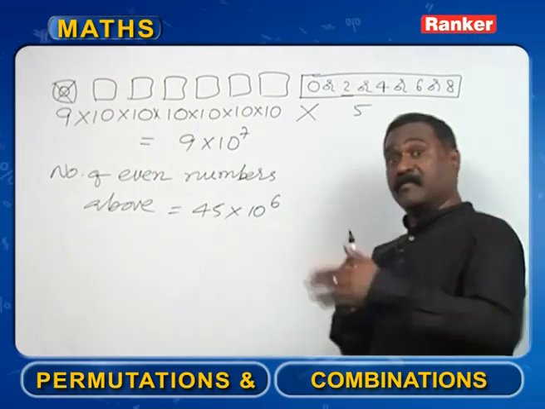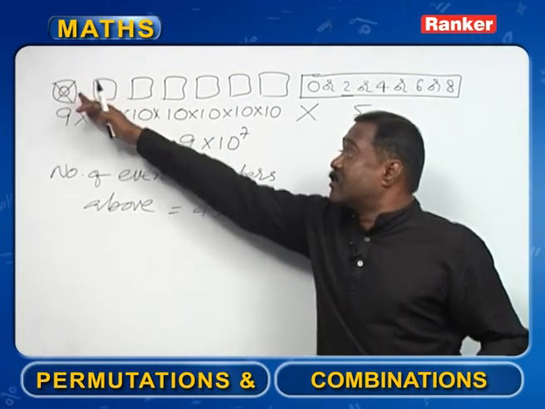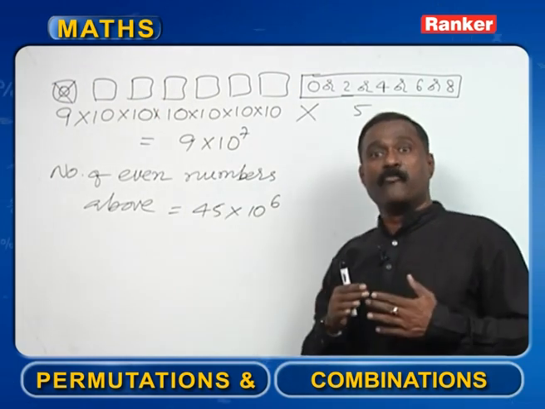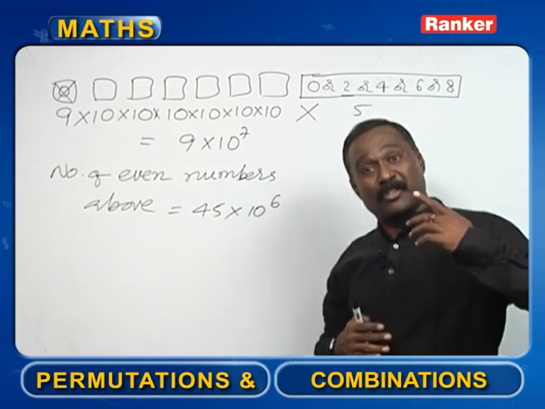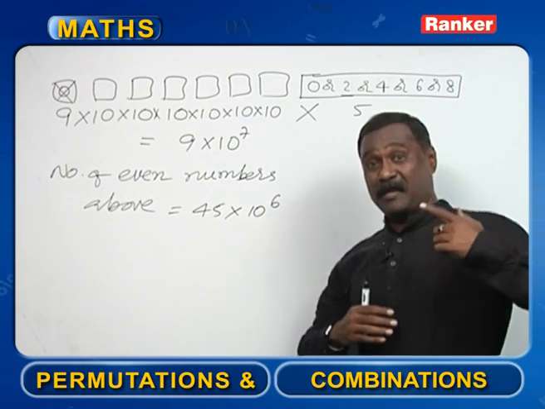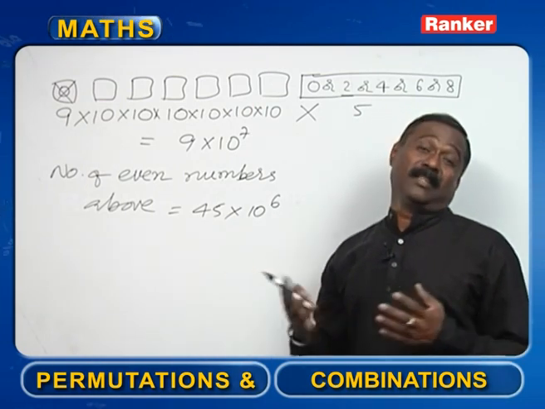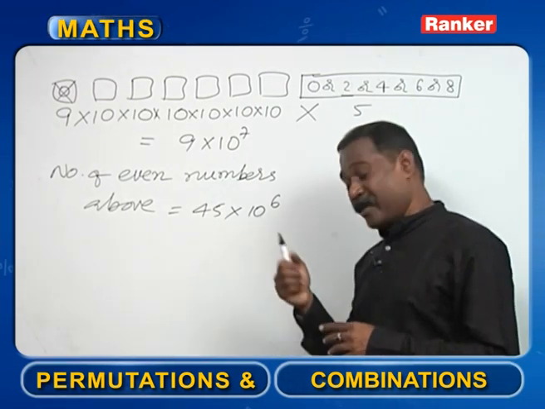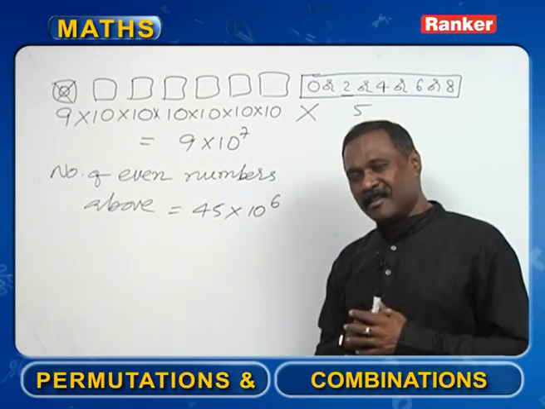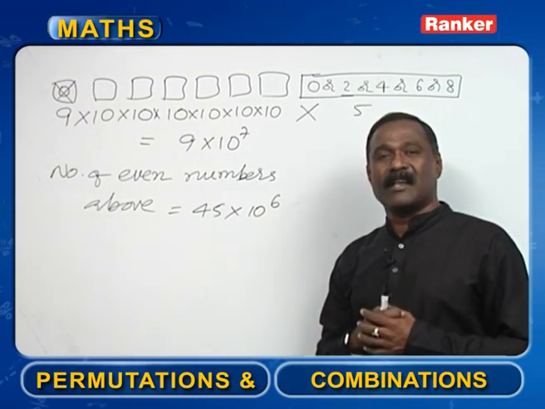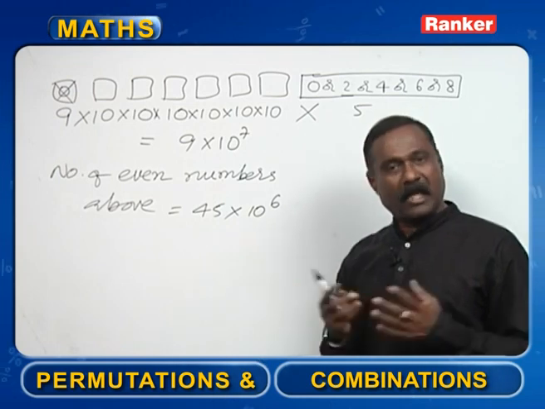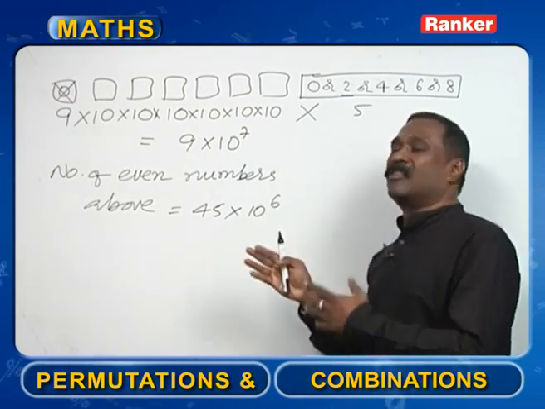The digits present in these places, if you add them, the sum should be even, or the sum should be odd. Then in that case also the same answer. Think of it. You can understand easily based on this.